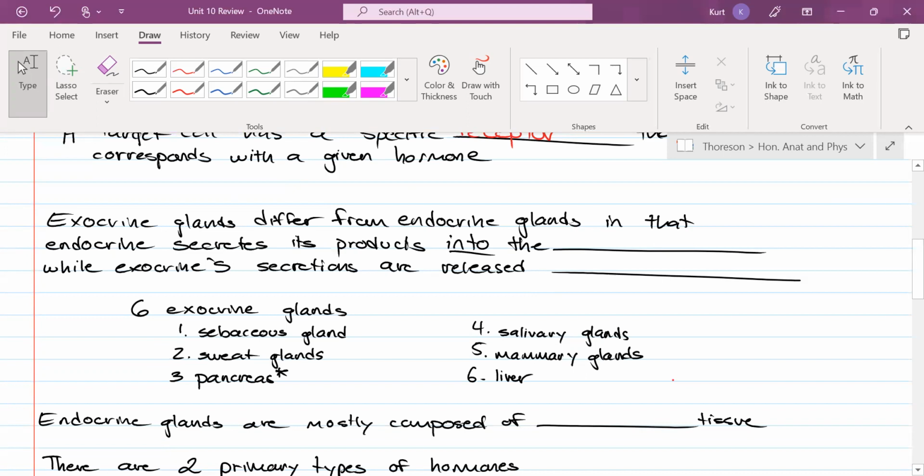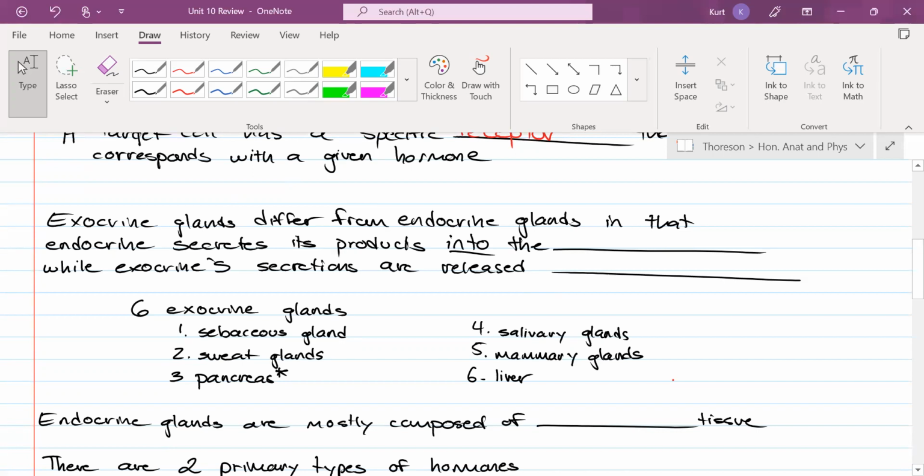Do your gonads have receptors for a hormone called thyroid stimulating hormone? No. What does have receptors for thyroid stimulating hormone? Your thyroid does. So every hormone has specific targets. We'll get into what those targets are later.